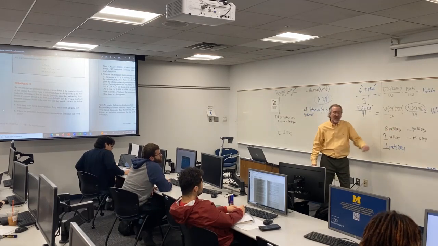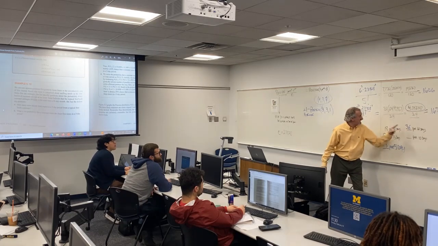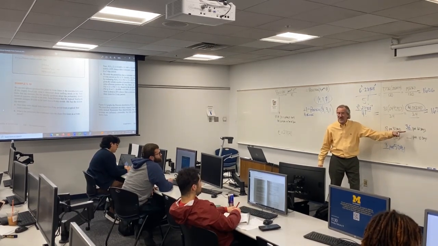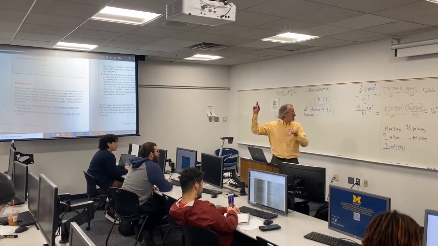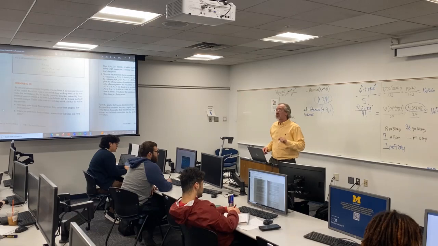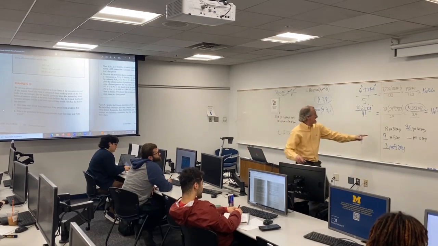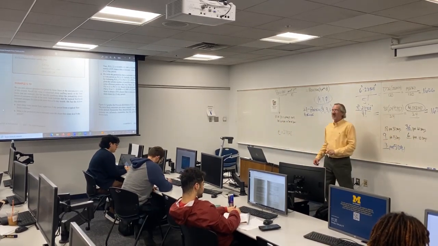What would be the mean then? 36. 60 days is twice as much as 30 days, so 18 times 2 is 36. 10 days. The question's all about 10 days, but all we know is there's 18 customers per 30 days. What would be the mean then for 10 days? 6. 10 is a third of 30, so a third of 18 would be 6.